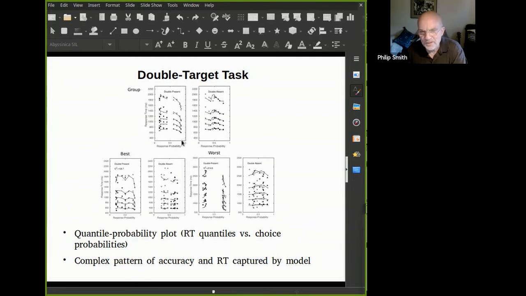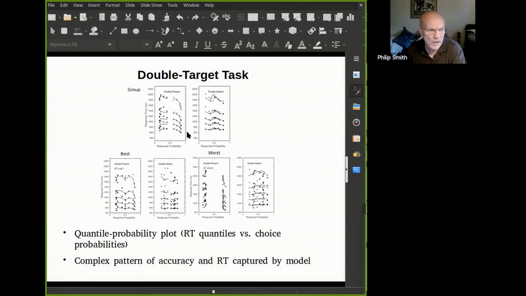The points on the x-axis on the right-hand side are correct responses, the points on the x-axis on the left-hand side are errors, and the points on the y-axis are just the corresponding quantiles of the distributions of response times in those categories. And we've separated out double target responses, target present responses, and target absent responses because of the extreme asymmetry of performance in the two conditions.